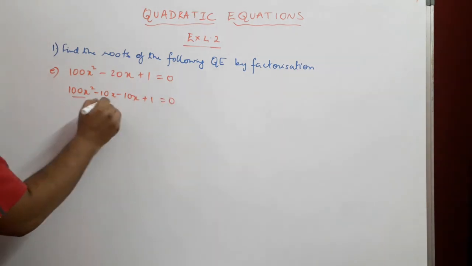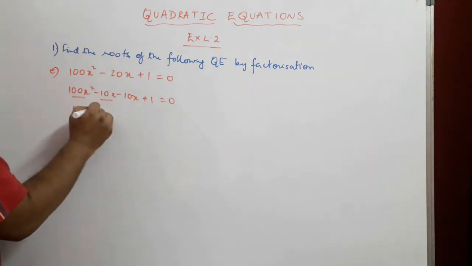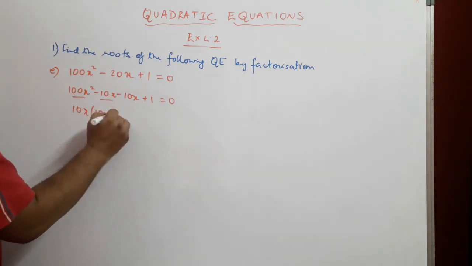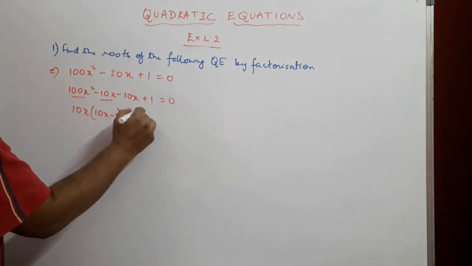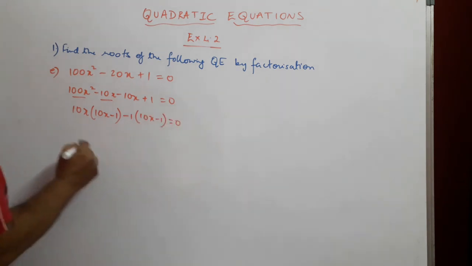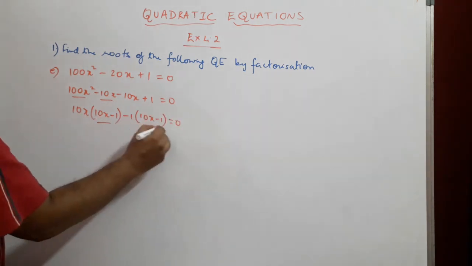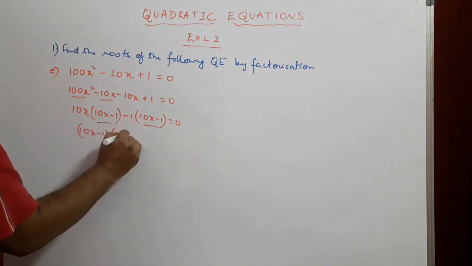We take 10x common between the first two, we'll be left with 10x minus 1. We take negative 1 common, and we're left with 10x minus 1 here as well. So take what is common, 10x minus 1, and we are left with 10x minus 1.